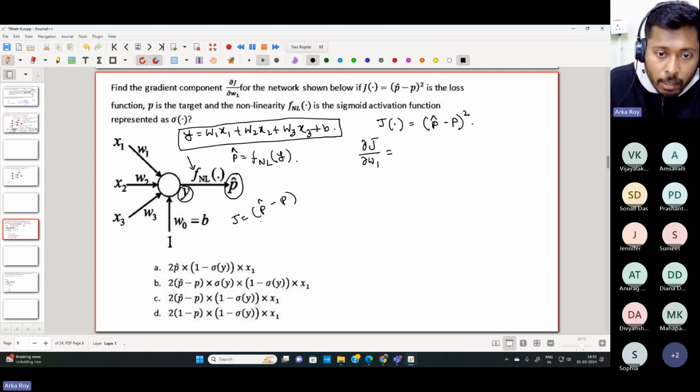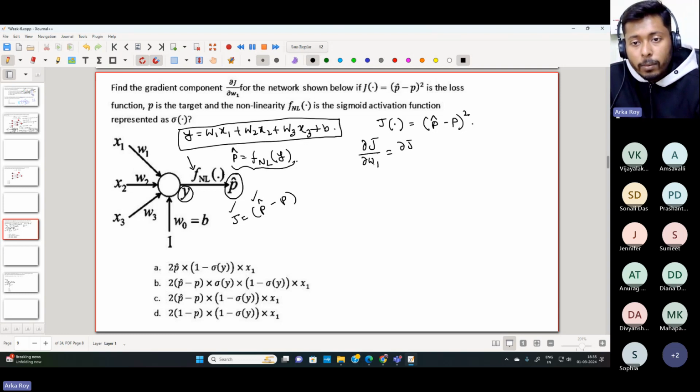You can see that J is made up of p hat, and p is already the target value that will be given, but the variable quantity is this p hat. So J is dependent on p hat. I cannot directly take the derivative of J with respect to w1. Rather, we need to go through the chain rule process.